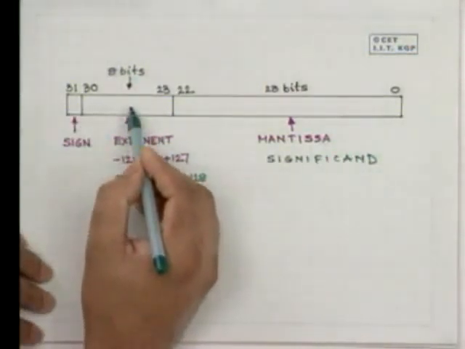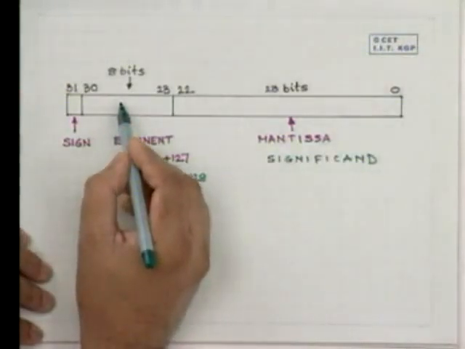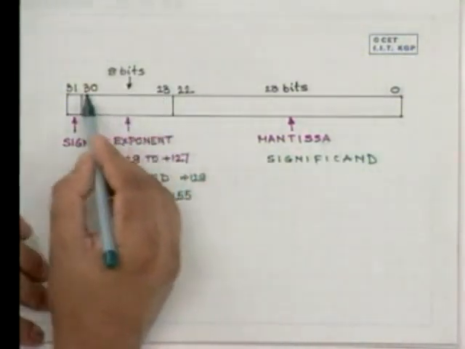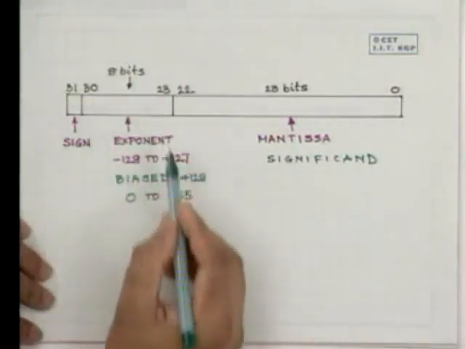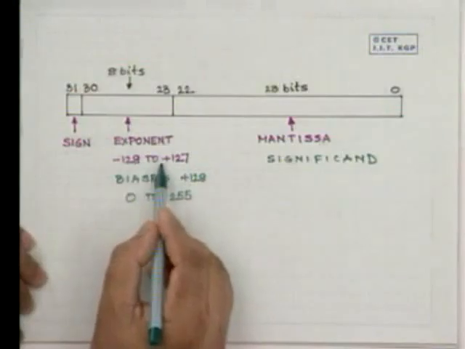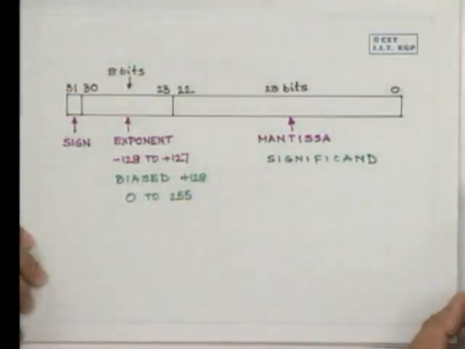Whenever we say exponent, basically we mean that whatever we are representing, here it is 2 to the power of that. Now, with 8 bits, we can represent numbers from minus 128 to plus 127.